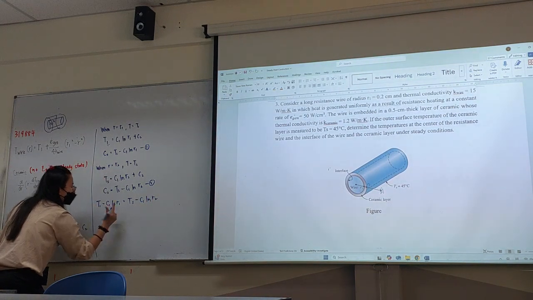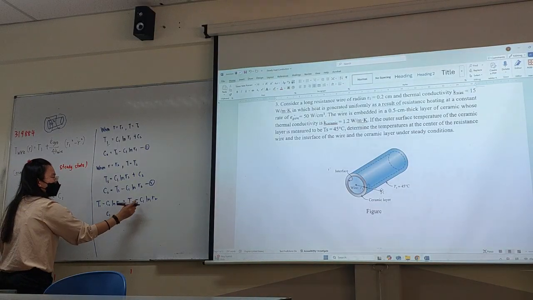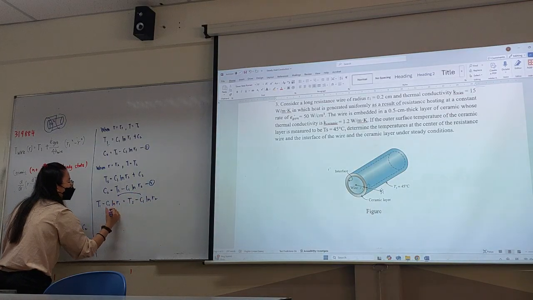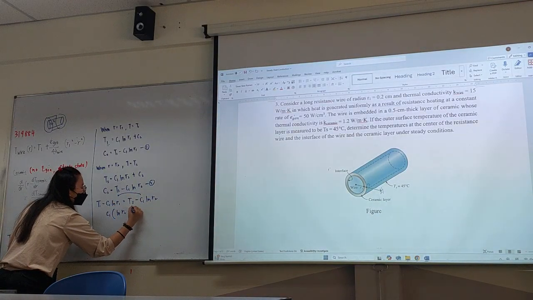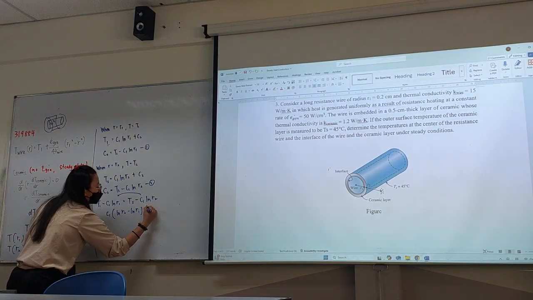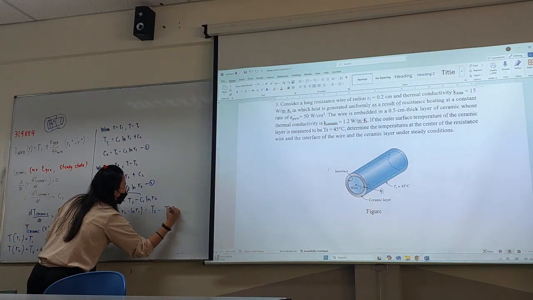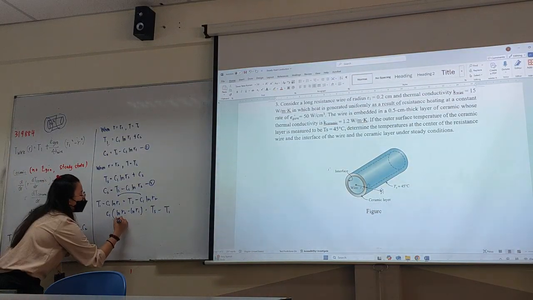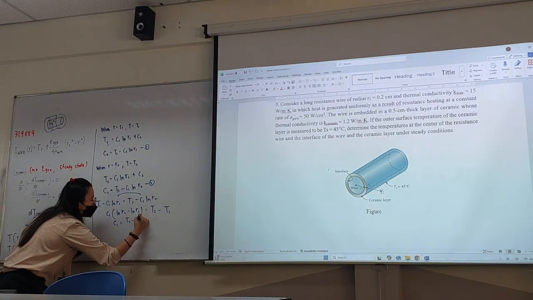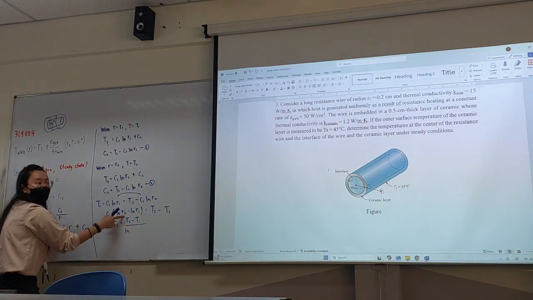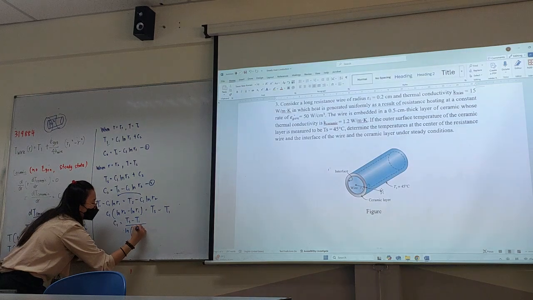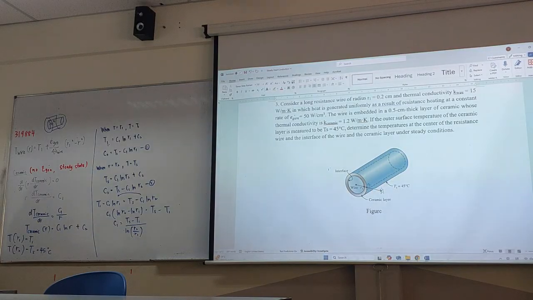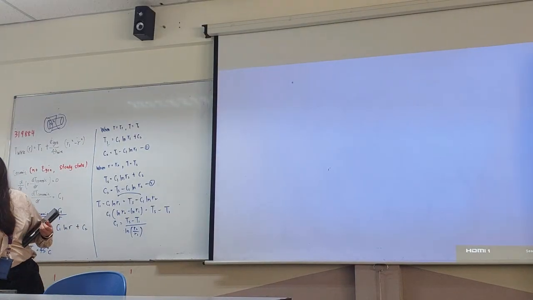I take out the C1 and bring it to the other side: C1 times (ln R2 minus ln R1) equals Ts minus T1. So C1 equals (Ts minus T1) divided by ln(R2 over R1).